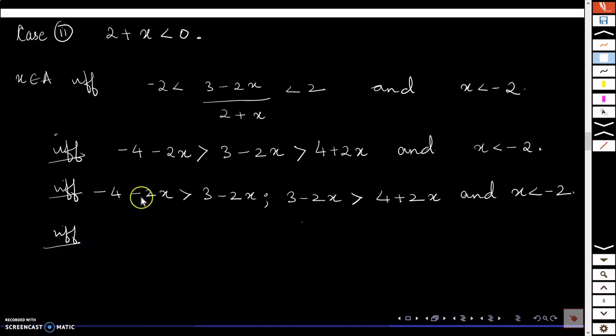So again, if you transfer this minus 2x to that side, it will become plus 2x and it will cancel off with this minus 2x. And I have minus 4 is bigger than 3. But can this condition be true anytime? No. This is always false because minus 4 is not bigger than 3.